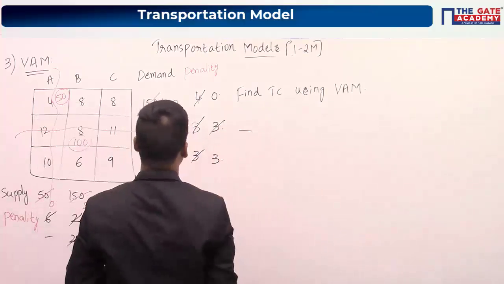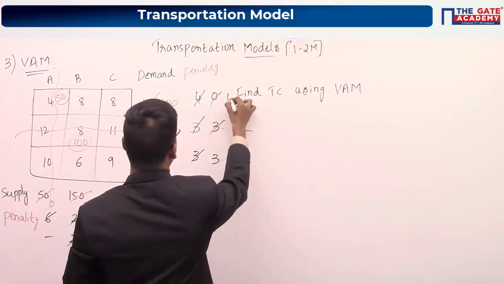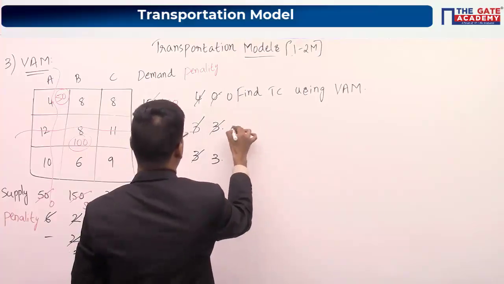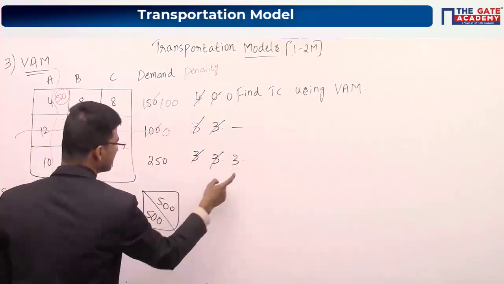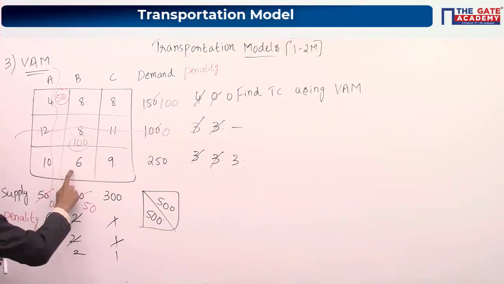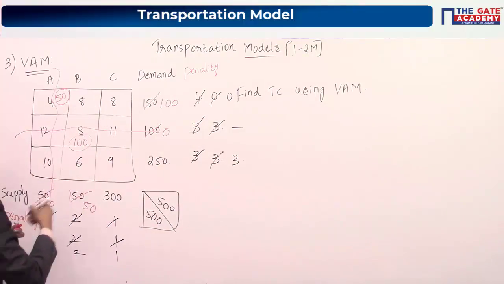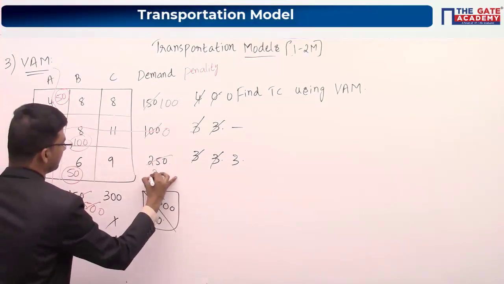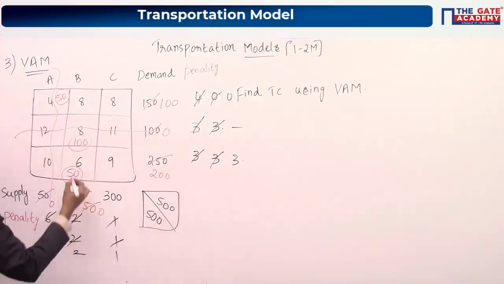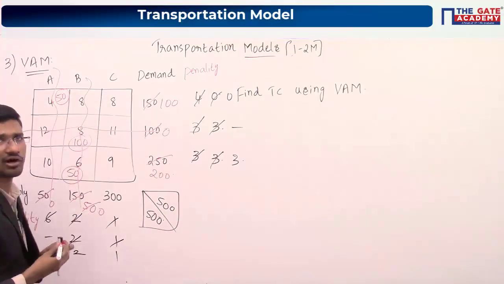Here you will not have any penalty, so it will be 0 only, and here you will have a penalty of 3. So again maximum penalty is this. Allocate here, the minimum cost is this one. Allocate 50 units here. This will be 0. This will be 200. Now as this became 0, you can cancel this particular column.